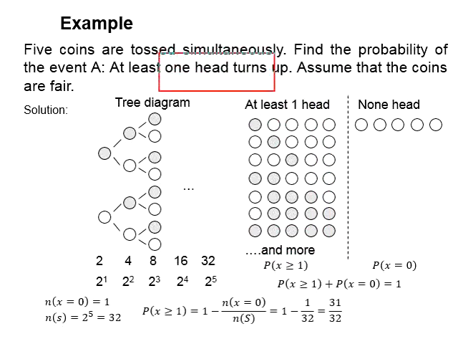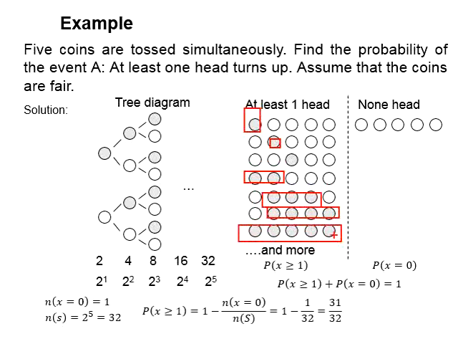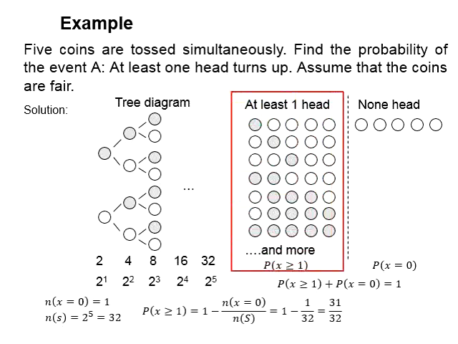At least one head turning up means that it can be one head, two heads, three heads, four heads, or 5 heads. The calculations and estimations become very tedious, so we look into another way to solve the question.